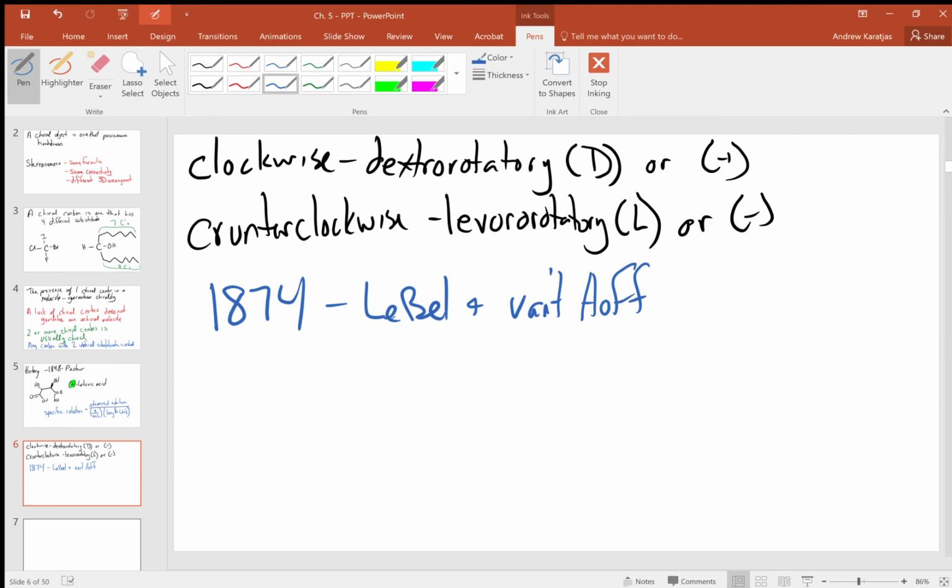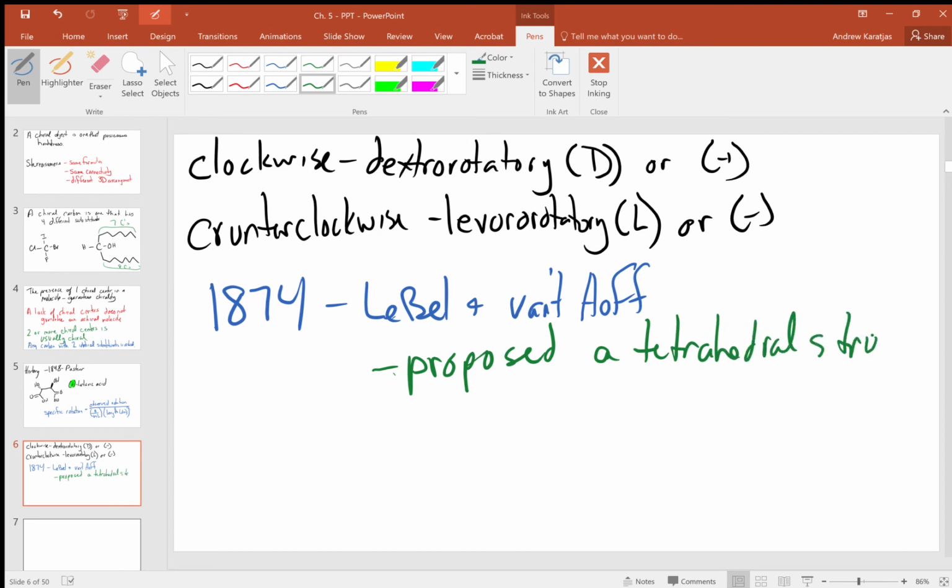So what did Lebel and Van Hoff propose? Well, based on what Pasteur found, as well as other results, they became the first to propose something very radical, although it might not seem that way.